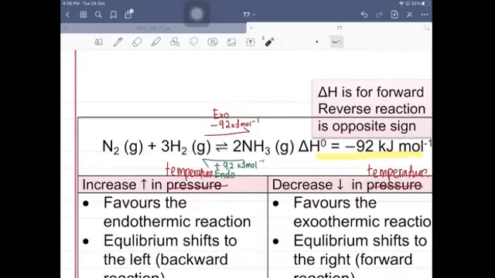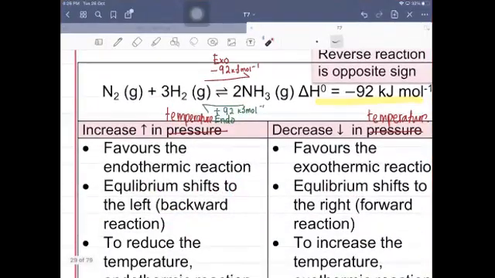It's the endothermic reaction. That's why the endothermic reaction is being favored if you increase temperature. And the endothermic reaction happens to be the reverse reaction in the system. So we are favoring the reverse reaction, which is endothermic. That means your extra heat is being taken in by the endothermic reaction.